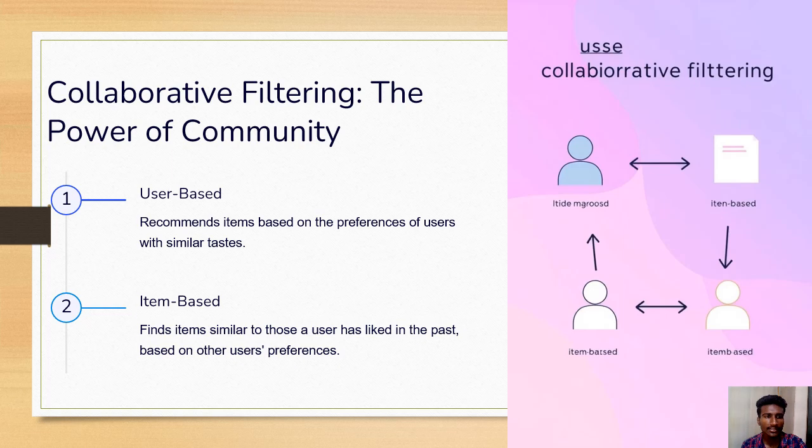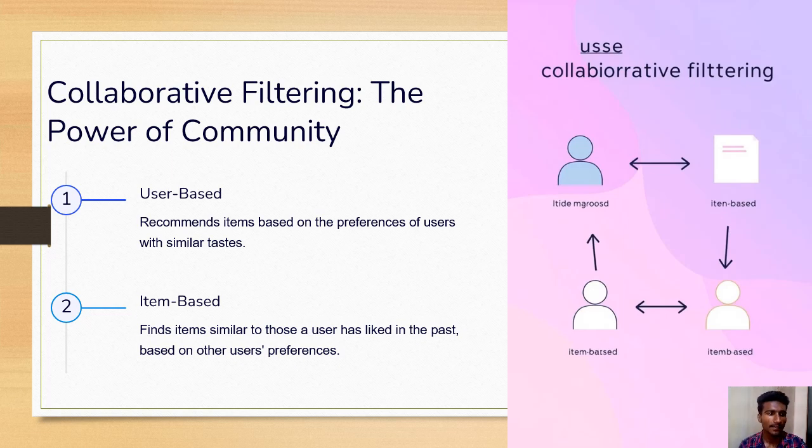Context aware recommenders take contextual information like time, location, or device into account to personalize recommendations. There are AI/ML techniques used in recommender systems. Natural language processing is used to analyze text-based data like reviews, descriptions or search queries.